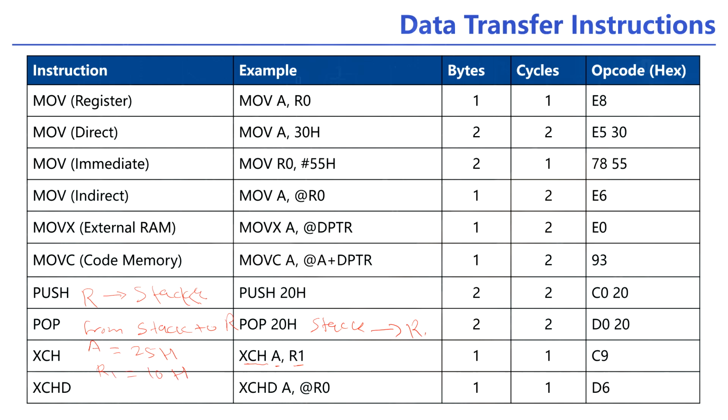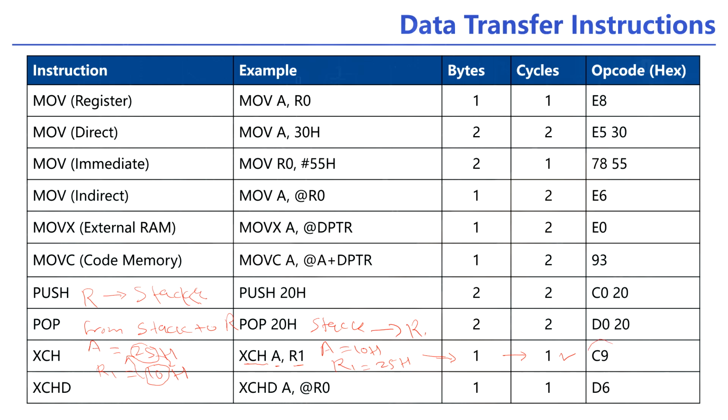Suppose we use this instruction to exchange this data. This value comes here in the register A, and this value comes here in R1. After the execution of this instruction, A equals 10H and R1 equals 25H, right? This is a 1 byte instruction and execution time is 1 machine cycle.